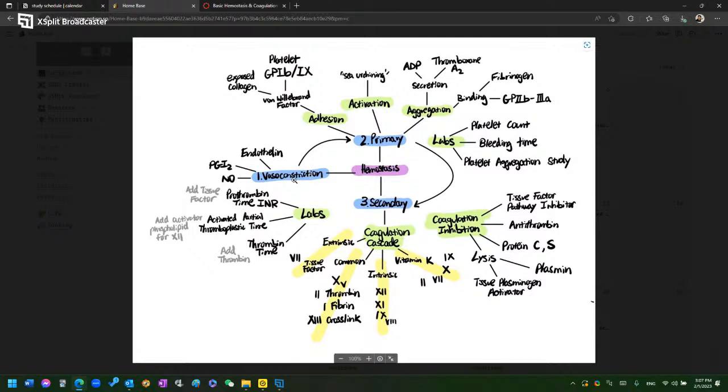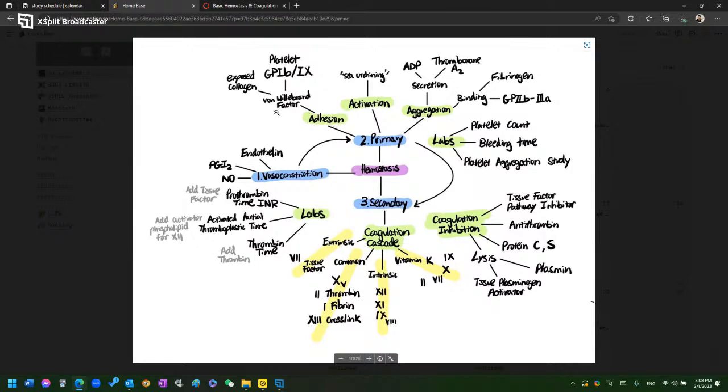And then after that, we start to talk about clotting. So first we have to have our platelets arrive on the site, and that's our primary hemostasis. In order for our platelets to do the job, first they have to get there, and they have to stick there. So that process is called adhesion, right?